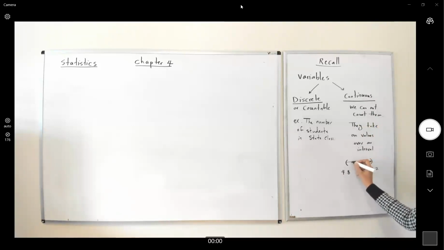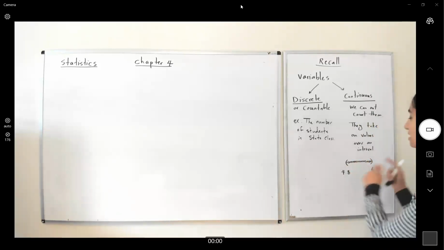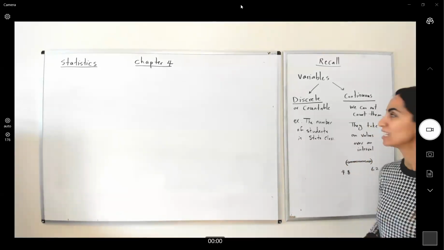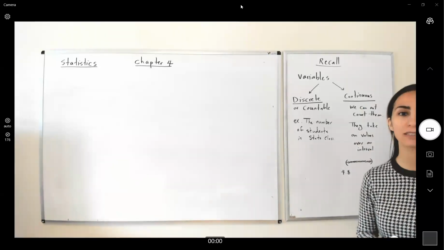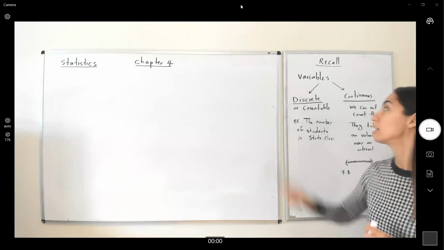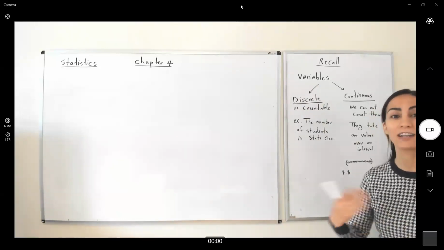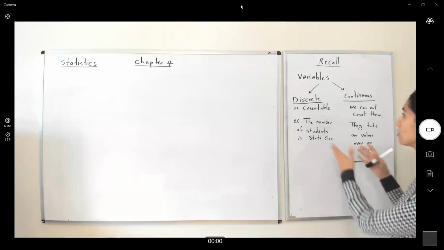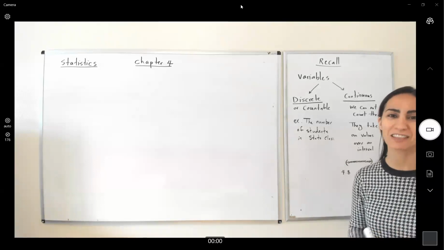Height can take on every possible value over this interval. So this is the general idea. We're going to talk about probability functions related to these variables. Chapter 4 and Chapter 5 are both dedicated to probability distributions for different variables.